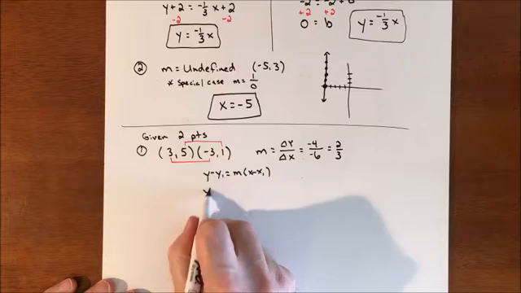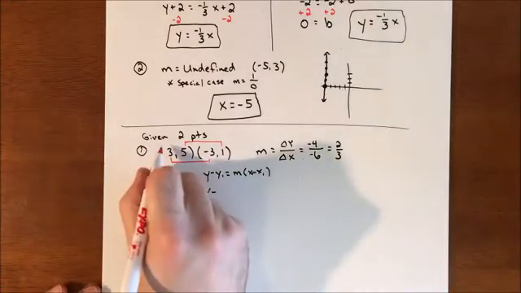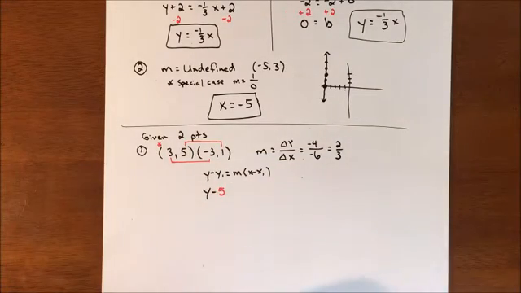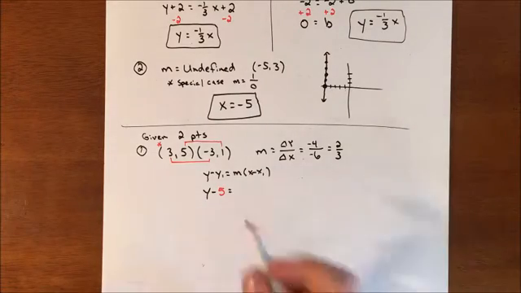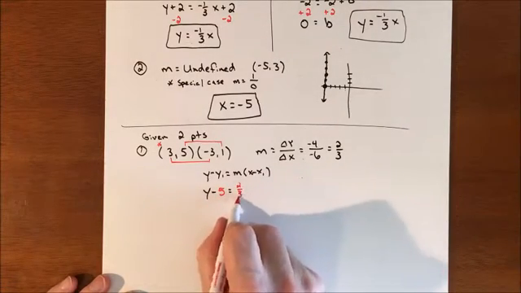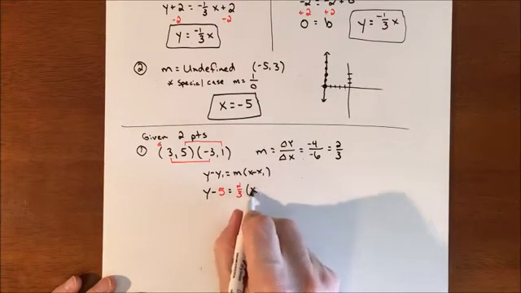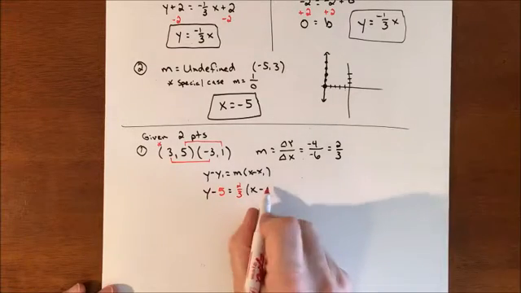Okay, and so we have y minus a y value. I'm going to take this one. So I have y minus 5, and that's going to equal our slope, 2/3, and then times x minus our x value of 3.